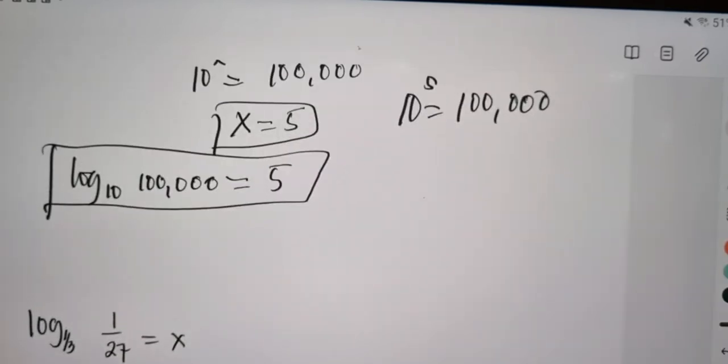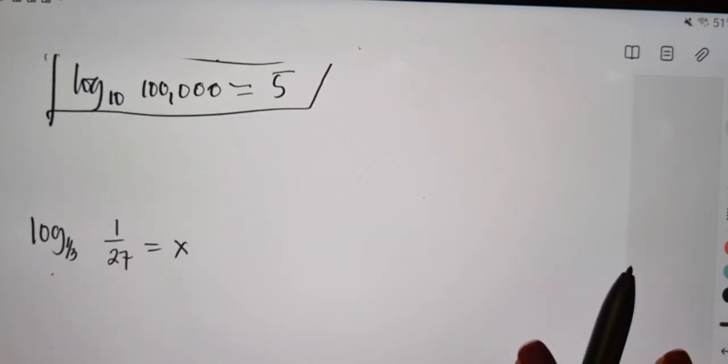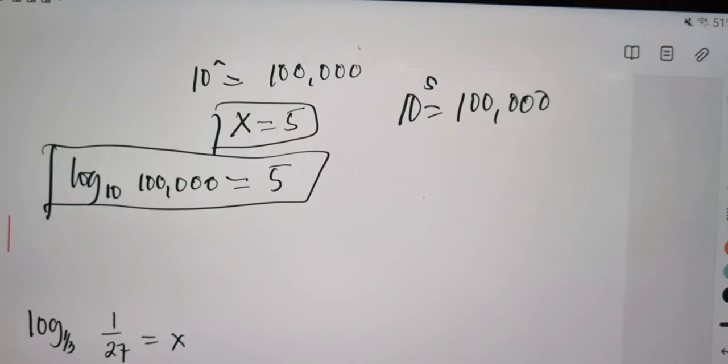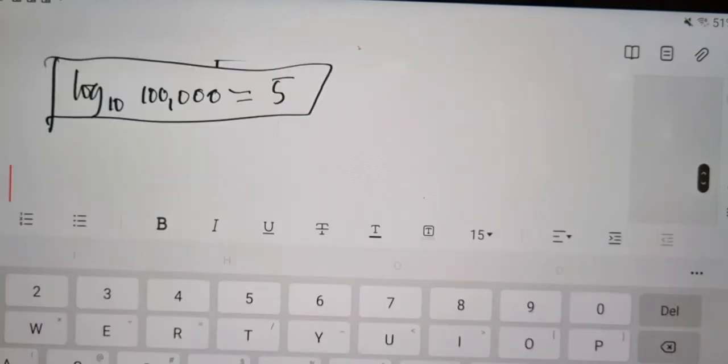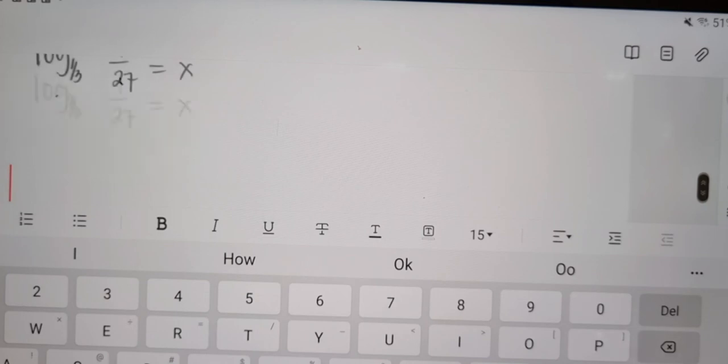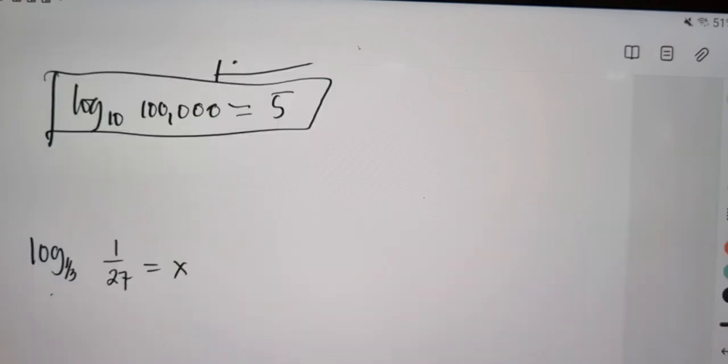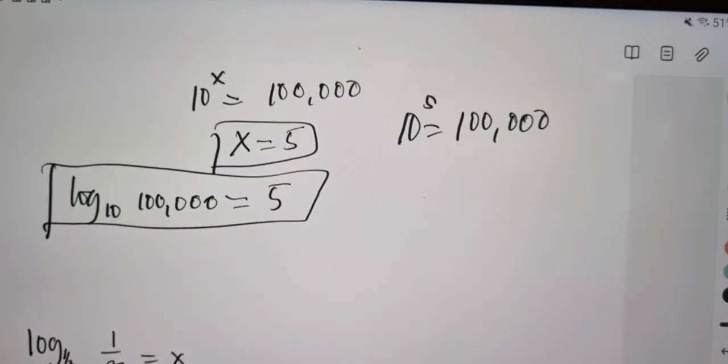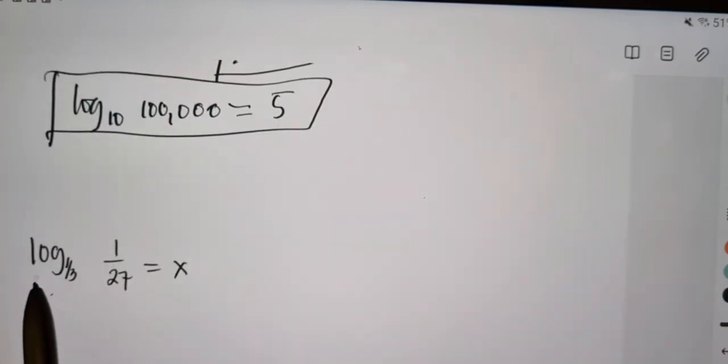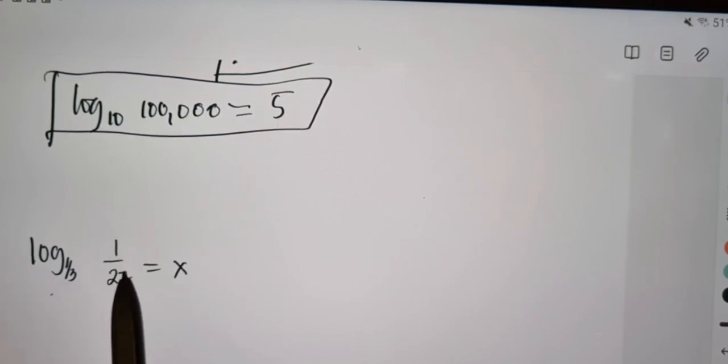Okay, now what about this one, last one? We have here the base is 1/3. Log base 1/3 of 1 over 27 is equal to x.